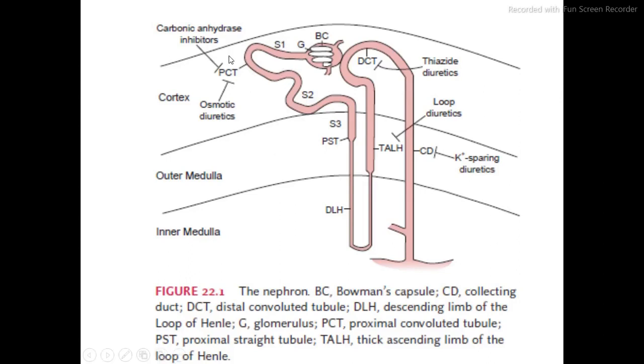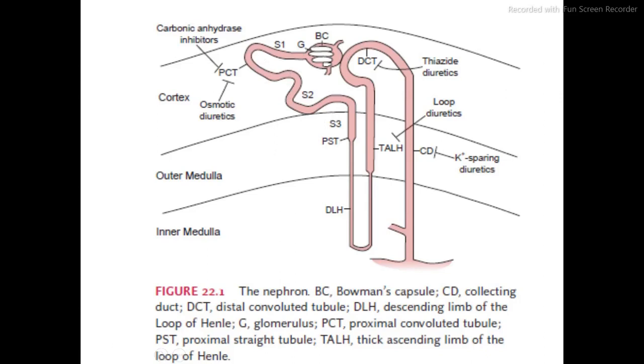This enzyme is present in this phase. Now this enzyme catalyzes the formation of carbonic acid from the water and the carbon dioxide. Once the carbonic acid is formed, it provides hydrogen ions which drive the reabsorption of the sodium bicarbonate in this phase.